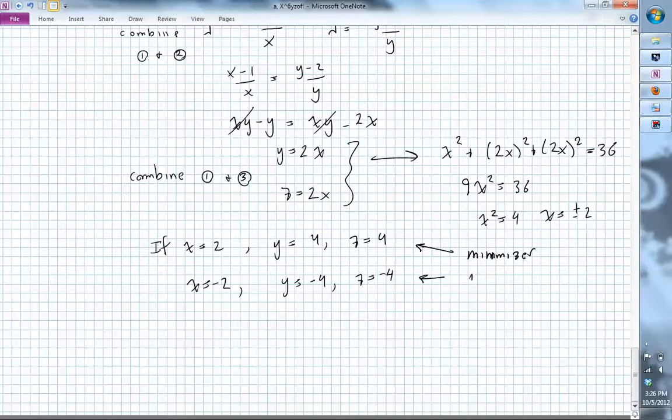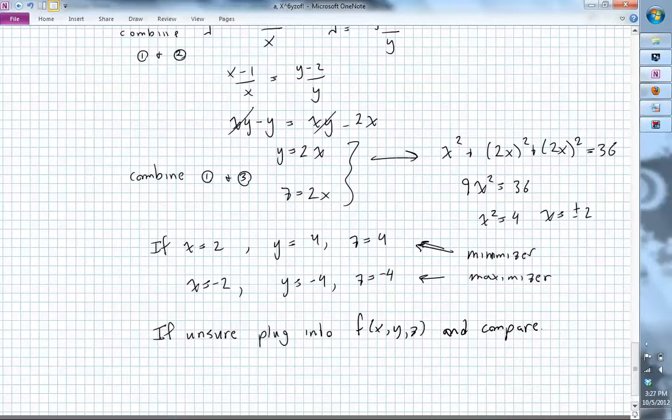This is the maximizer. And if unsure, plug into F and compare. Questions on this?